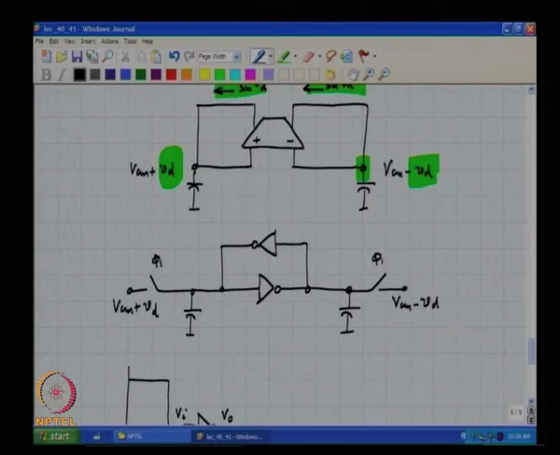Does it make sense? Okay. So, during the time phi 1 is high, do you think it makes sense for these two to be helping in the decision process? Yes, no?